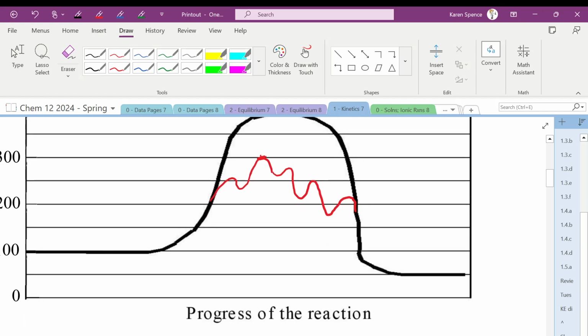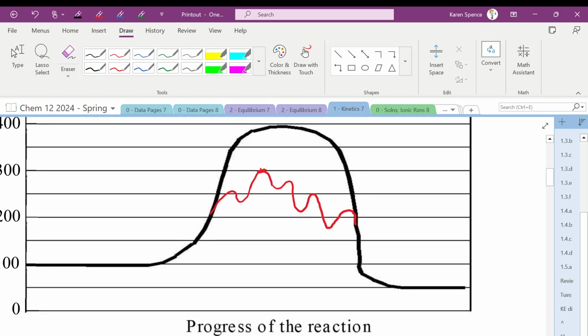Some people, when calculating the activation energy, went from here to here. Is that the activation energy? No, that is the energy of the activated complex. Activation energy says, I'm starting here. This is how much energy I start with.